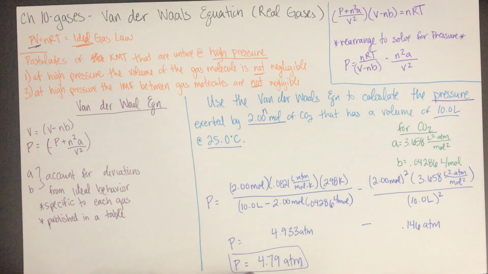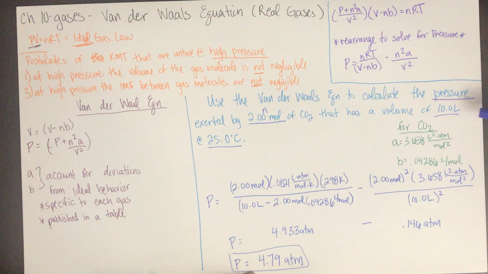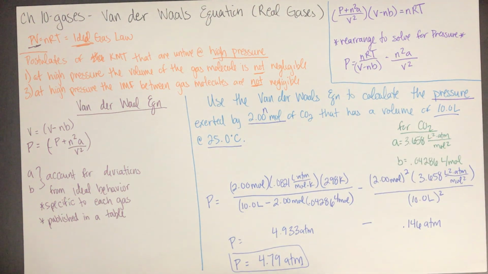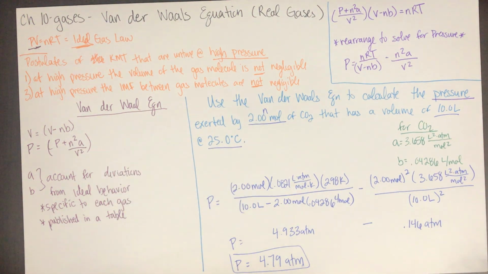So this is the pressure exerted by 2 moles of carbon dioxide that has a volume of 10 liters at 25 degrees Celsius. Something that I want you all to do is compare the van der Waals equation answer to the ideal gas law.